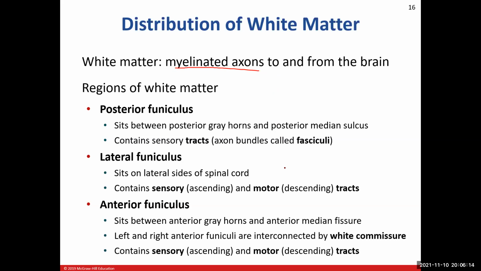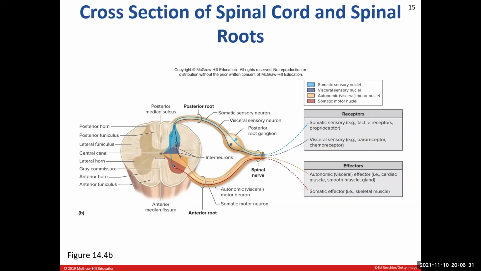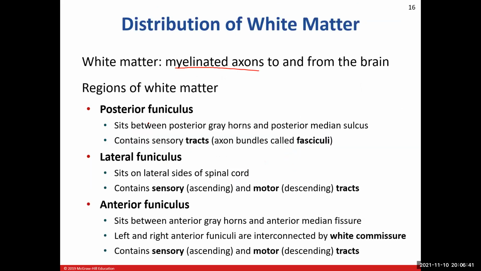There's two of them: we have the fasciculus cuneatus and the fasciculus gracilis, depending on what part of the body the sensory input is coming from. So our posterior funiculus is located back here. That's going to be sensory information only.